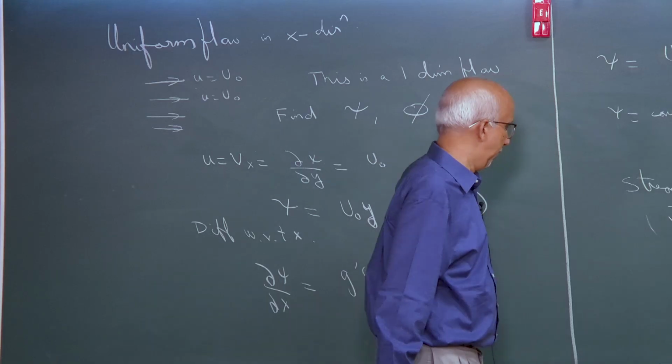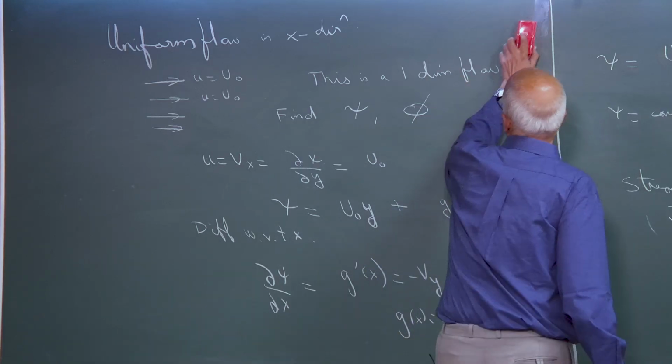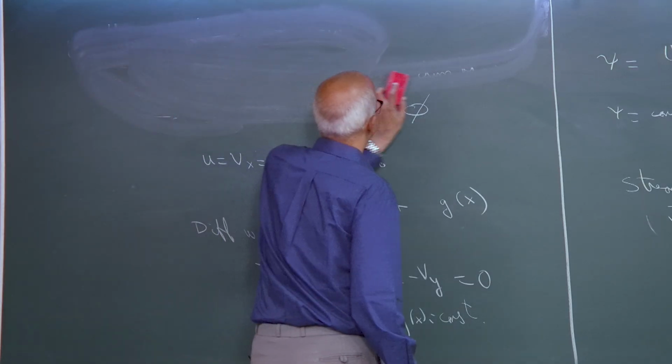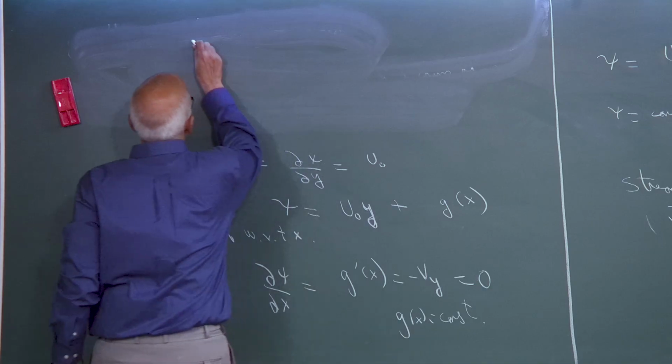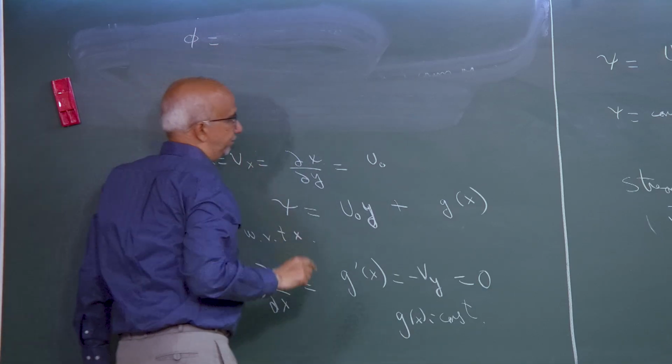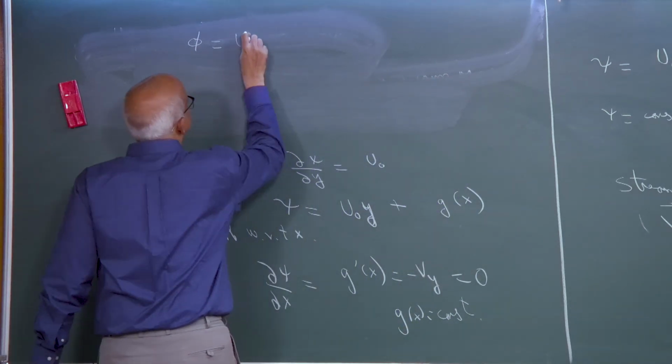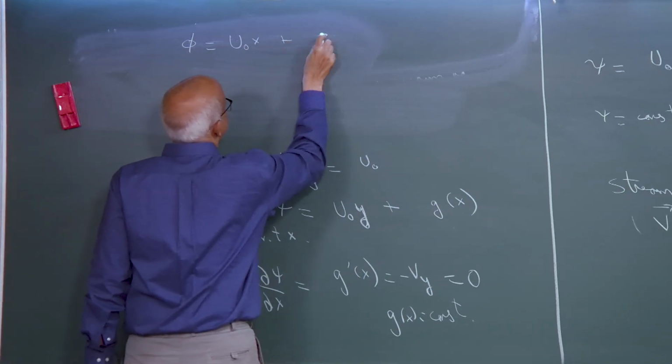Okay. So, point I am trying to make here is phi is u naught x plus some constant c.